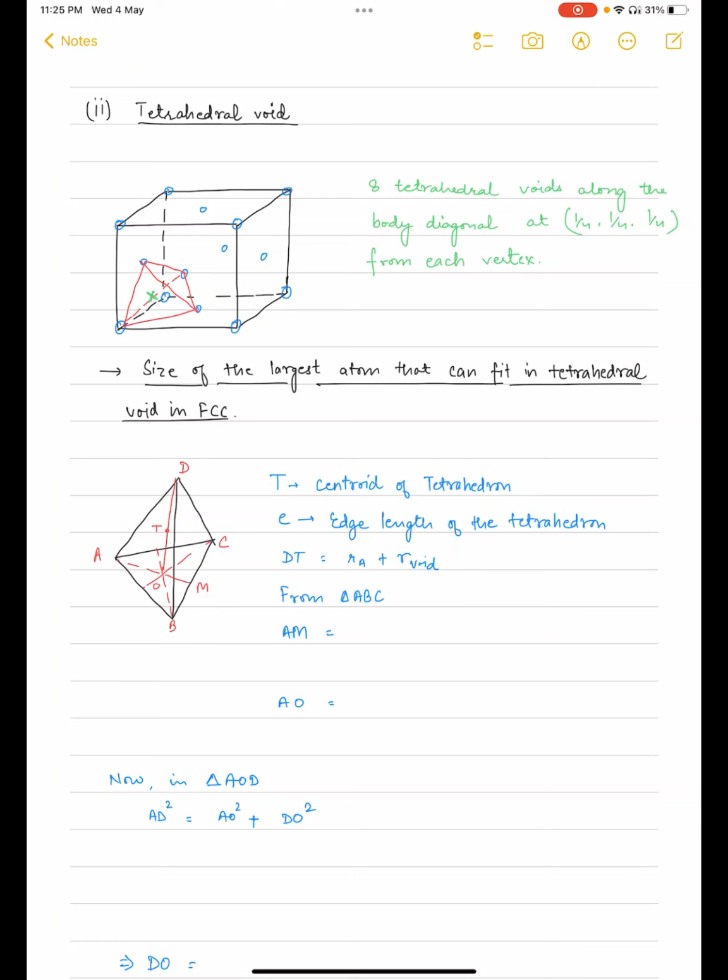Okay, so let us continue with the tetrahedral void in FCC or cubic close-packed crystal. Here, the coordination number of a tetrahedral void is 4.